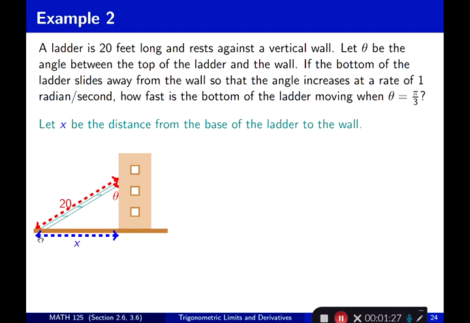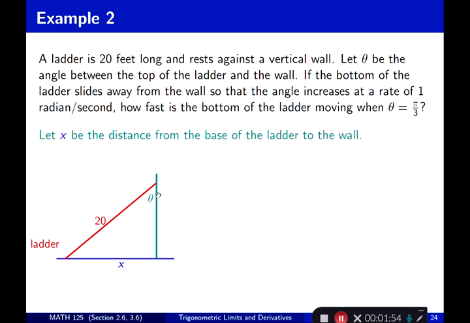The distance from the end of the ladder to the wall is x. This looks like a right triangle, because walls and buildings are perpendicular to the floors or ground, basically.